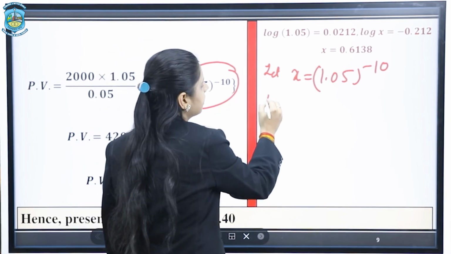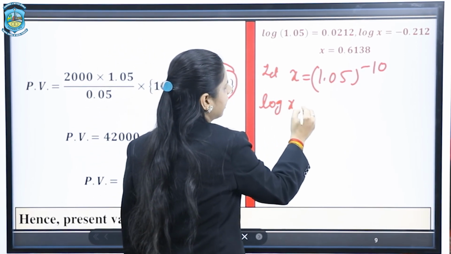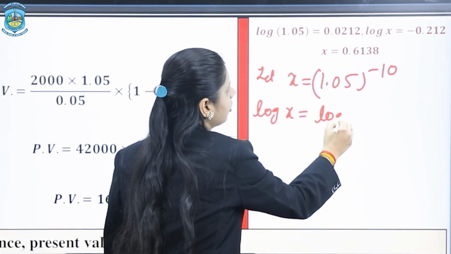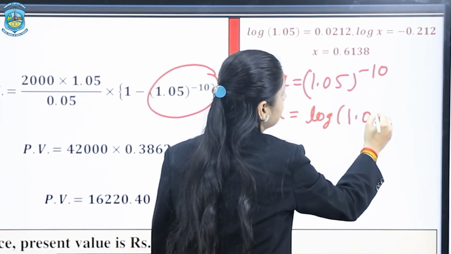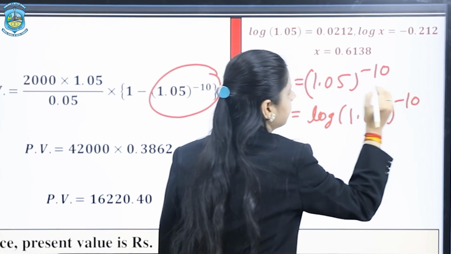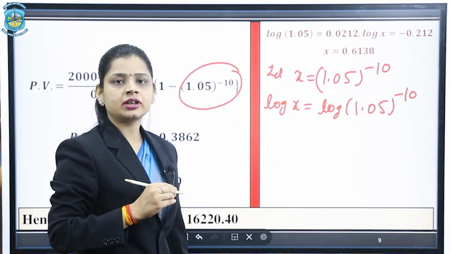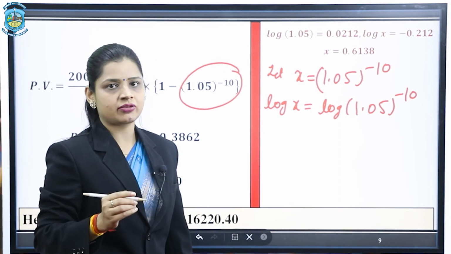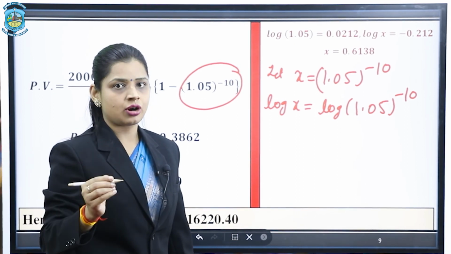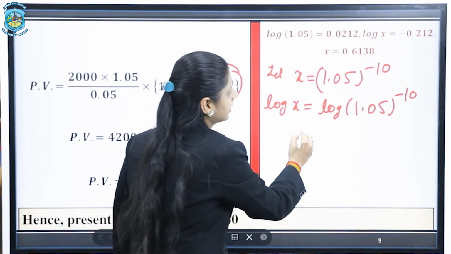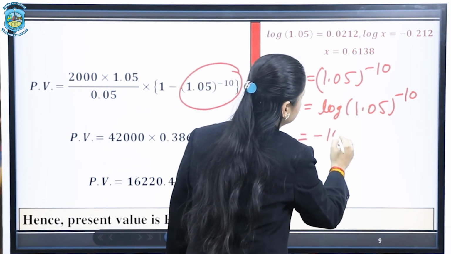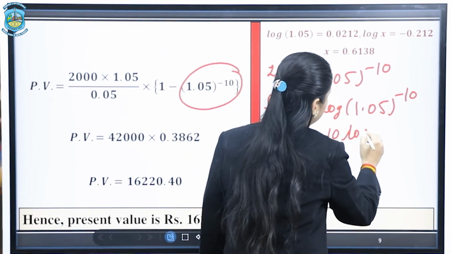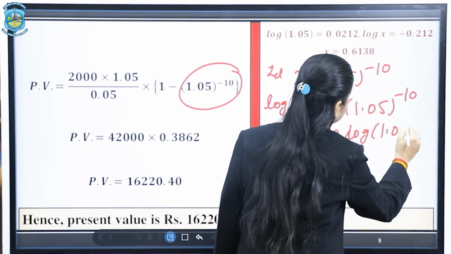So we'll get the value of log x as log of 1.05 to the power minus 10. Now we'll apply the formula: log of m to the power n is n log m. So we'll get minus 10 log of 1.05.